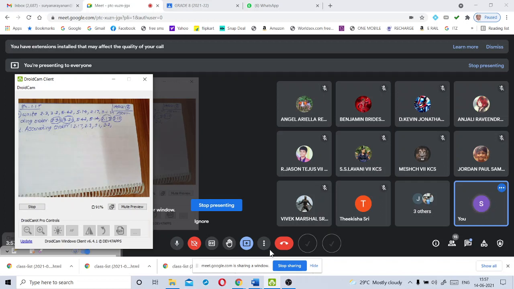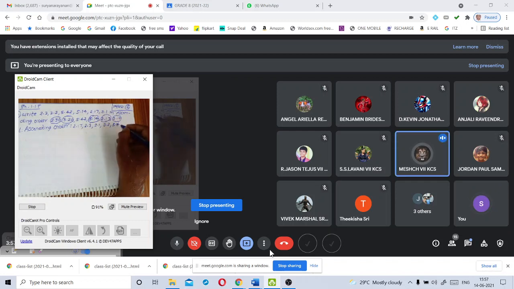Now tell me, 3.2 is over. 5.14. Or you can round off these numbers also. After writing these numbers, you can round off. 5.14, 5.42. Understood this point, my dear children?